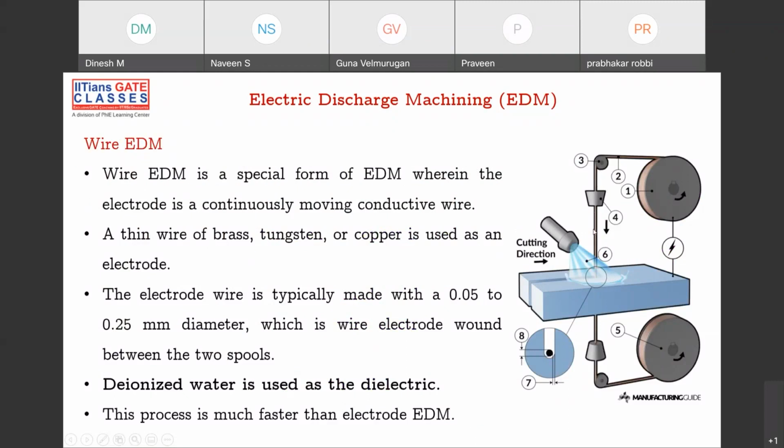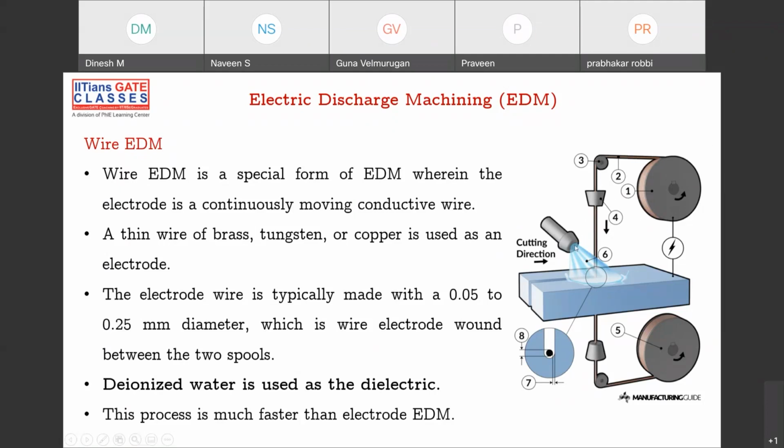Here, instead of a tool, we are using wire. So wire is the tool here, and there is a spool here. That wire is wound on a spool, it is unwound, and then it comes like this. Continuously, this wire will be unwound here at the top one, and wound here at the bottom one.